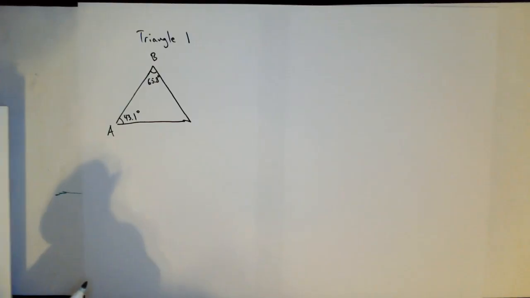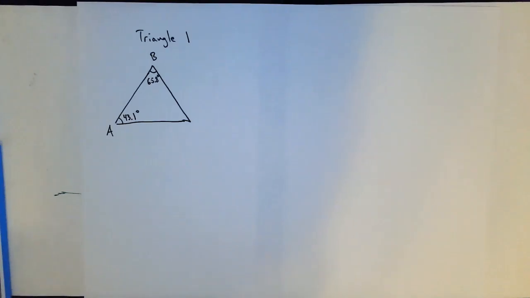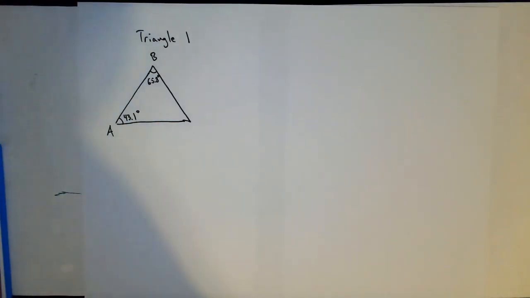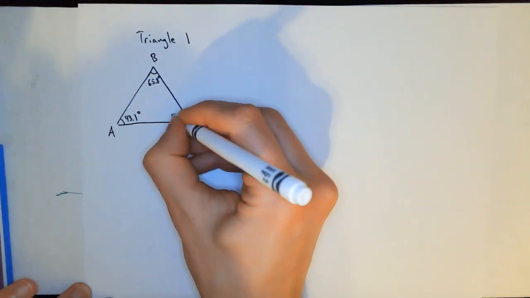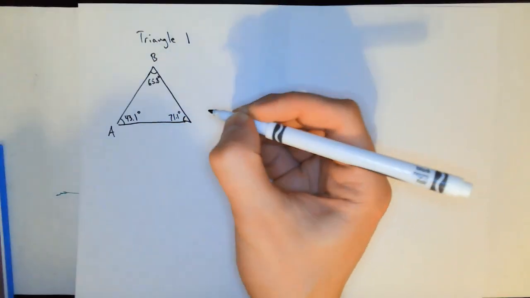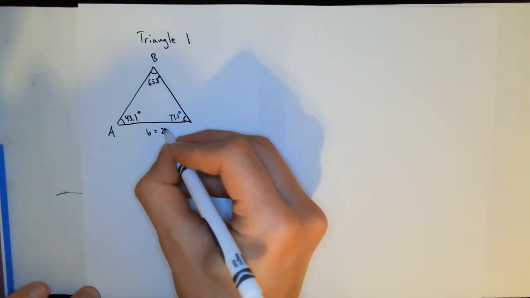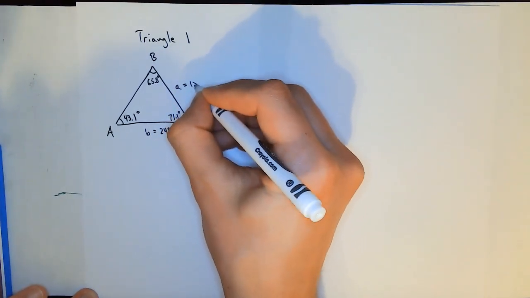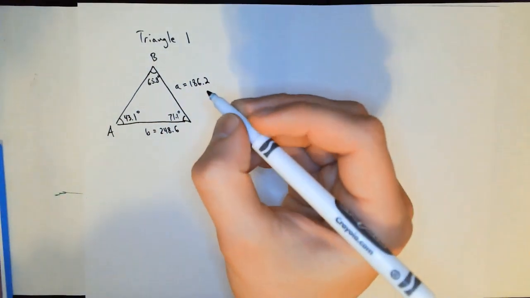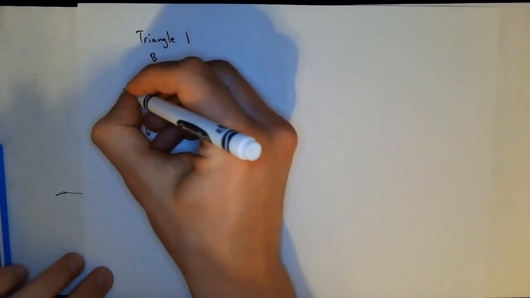That's the angle B that the sine inverse function actually gave us, in quadrant 1. Then we found that angle C, just via some geometry, is 71.1 degrees. Side B was given as 248.6, side A is 186.2, and side c1 was 257.8.